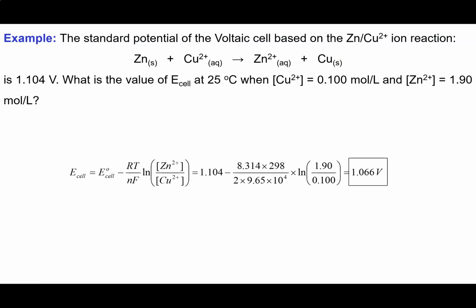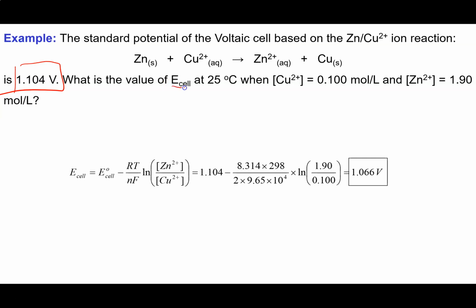So let's have a look at this. It says the standard potential of the voltaic cell based on the zinc copper 2+ ion reaction, and then it gives the reaction here, we know this, is 1.104 volts.